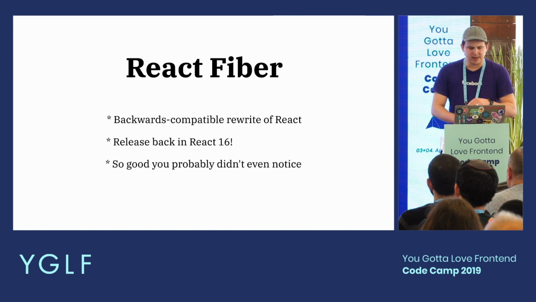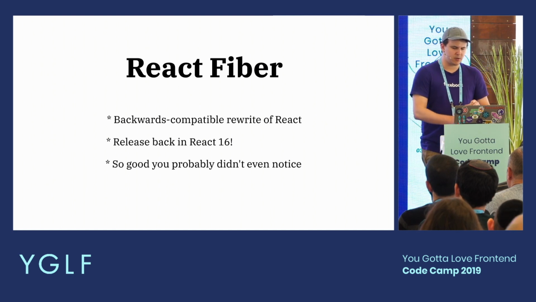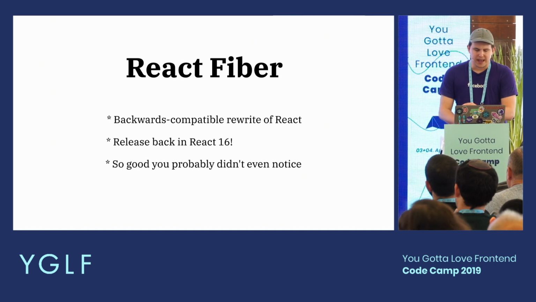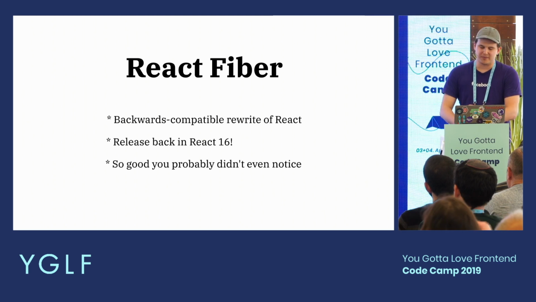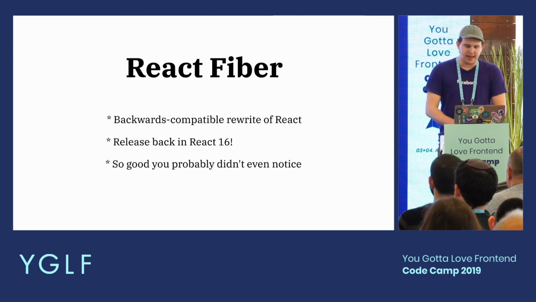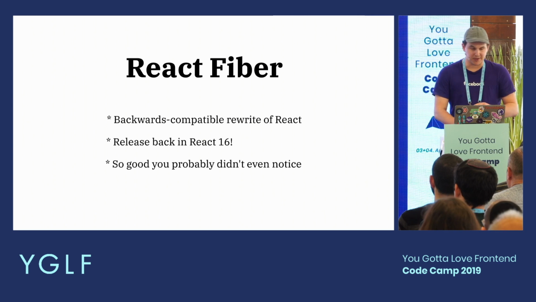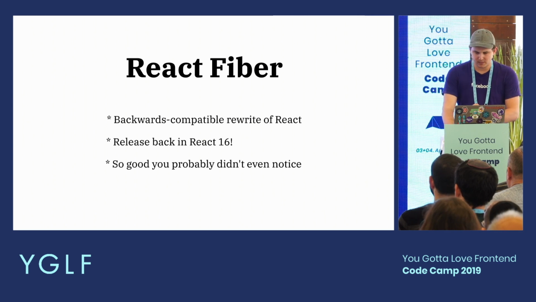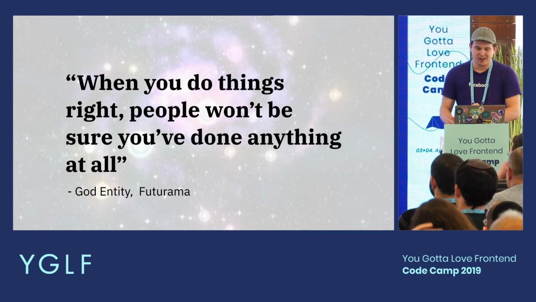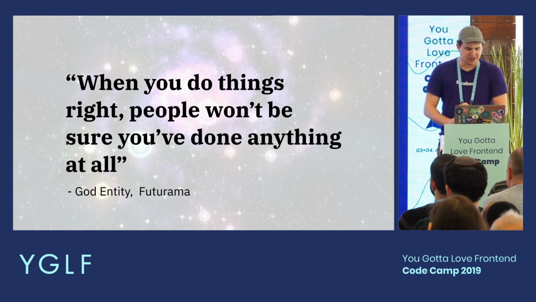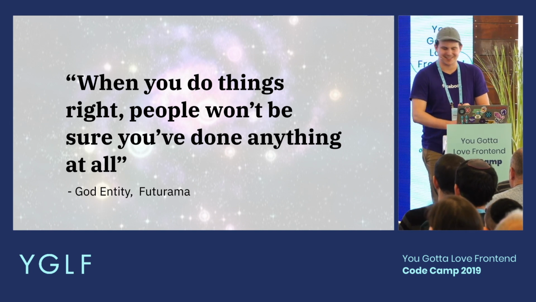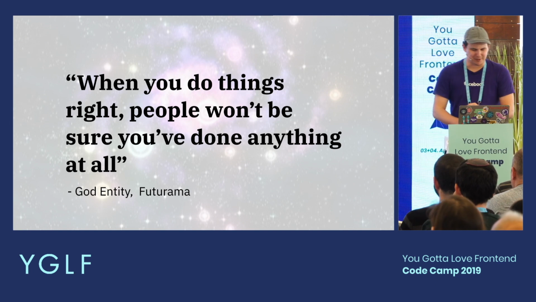It was released back in React 16, which was released quite a while ago now. And so if you're hopefully using that version, then you've been using it for a while now. And hopefully it's been so good that you didn't even really notice that React was rewritten. Which always reminds me of this quote: when you do things right, people won't be sure you've done anything at all. I think this is the goal for a project rewrite.